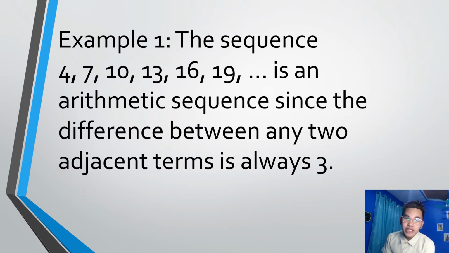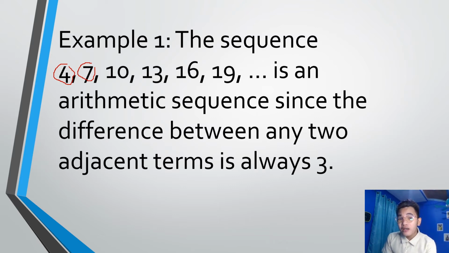For example, the sequence 4, 7, 10, 13, 16, and 19. This is actually an arithmetic sequence. What pattern do you notice? It goes up. The question is, how much is added to each term? The pattern is adding 3.